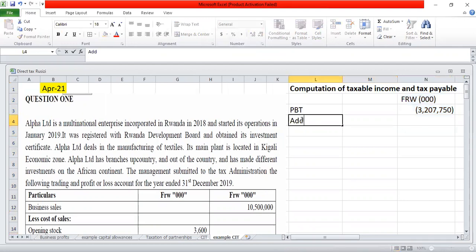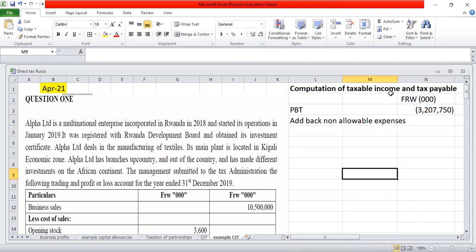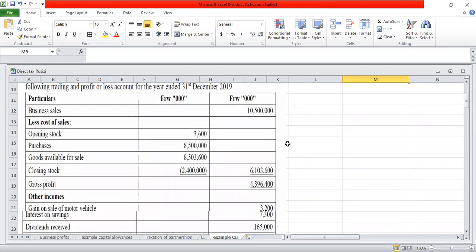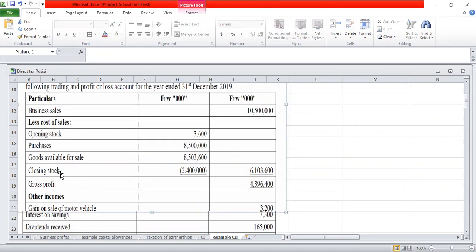Then I add back non-allowable expenses. I can now start checking my expenses for those expenses which are not allowed. So we can begin with the opening stock.